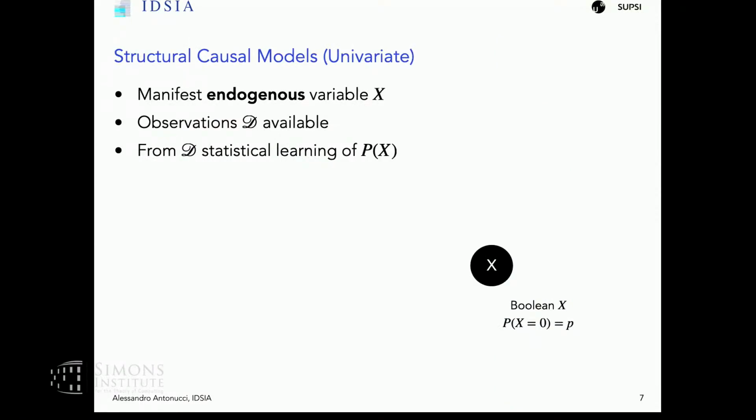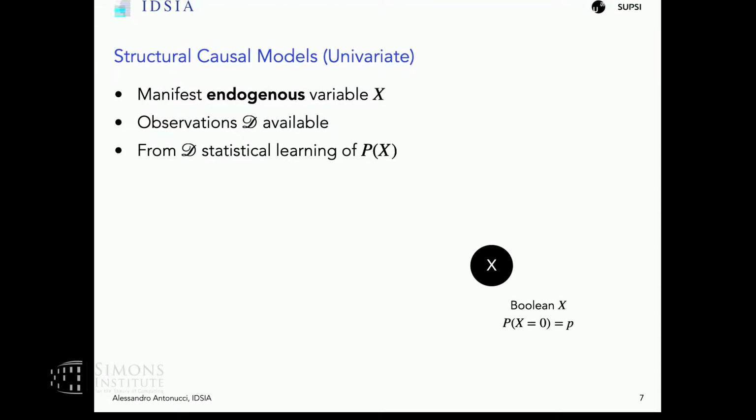I know some of you are very into causal models, but let me say some background. Let me use a very trivial, univariate example. Useless, but just to define the language. So we have a variable we can observe. We call this an endogenous variable. And let's say we have data, a set of observations about this variable.